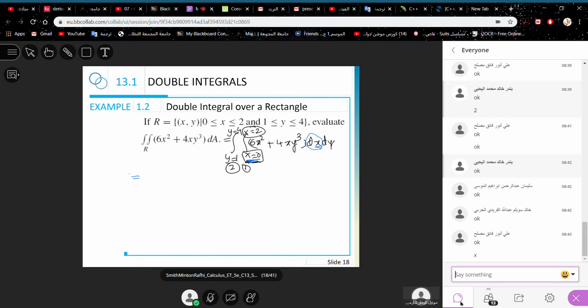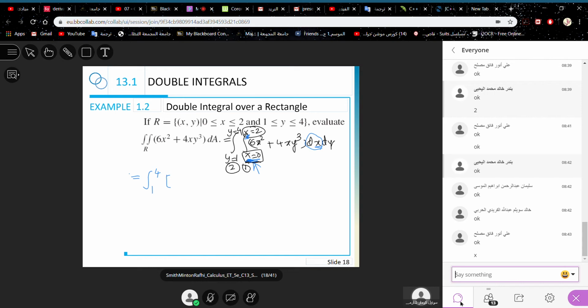We are integrating with respect to x, because our inner integral has a limit for x, so we will integrate with respect to x first. One thing to keep in mind: when we integrate with respect to x, we treat y as a constant.